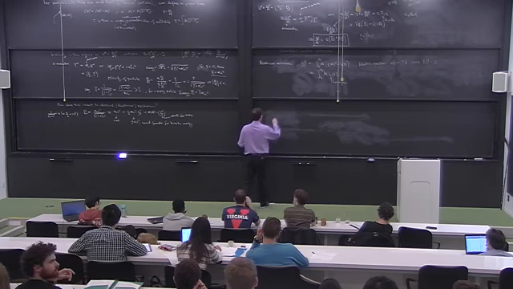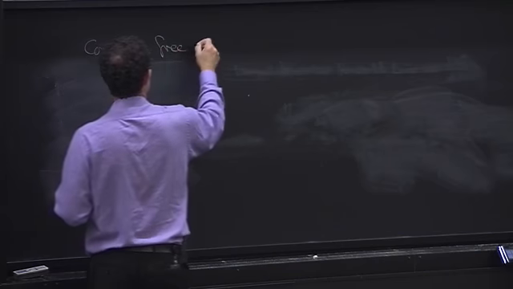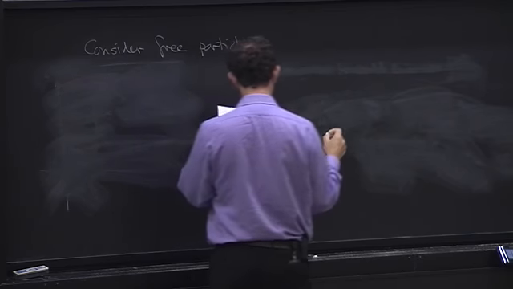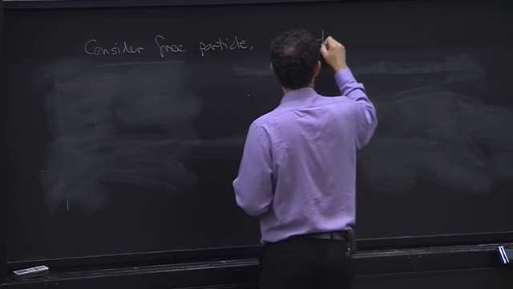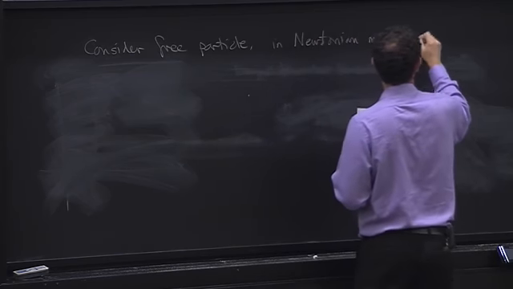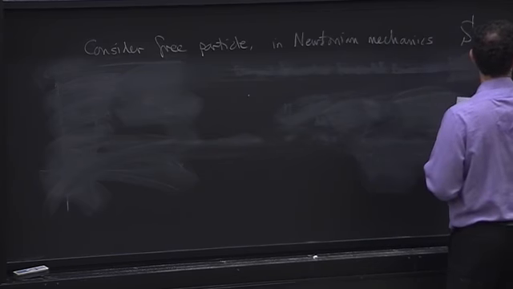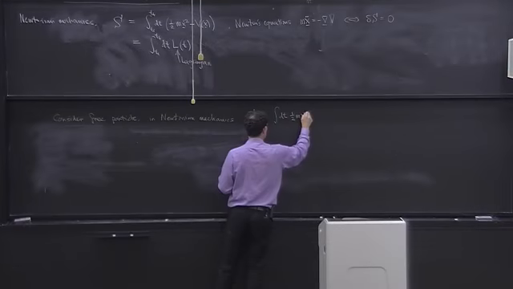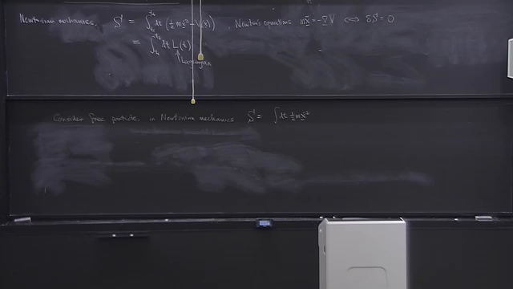So let's consider a free particle, the simplest possible case. A free particle in Newtonian mechanics: S equals the integral dt 1/2 m x dot squared, just the kinetic energy.